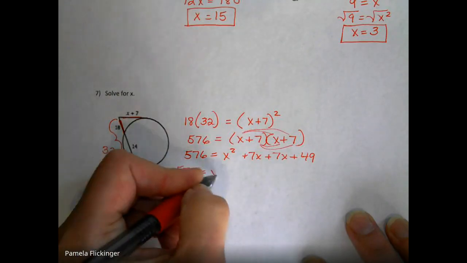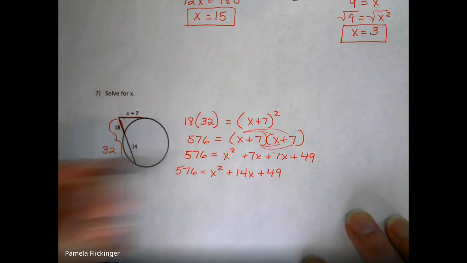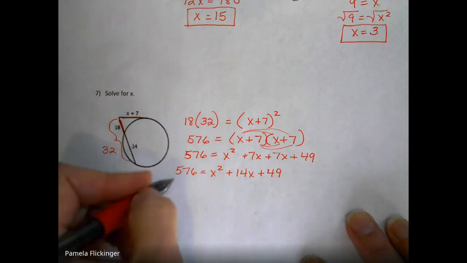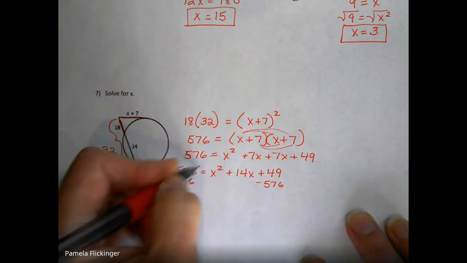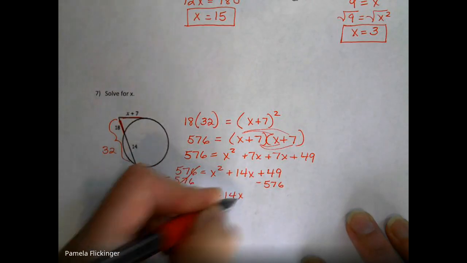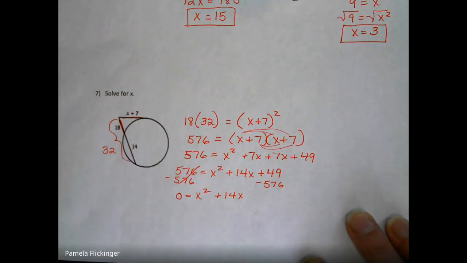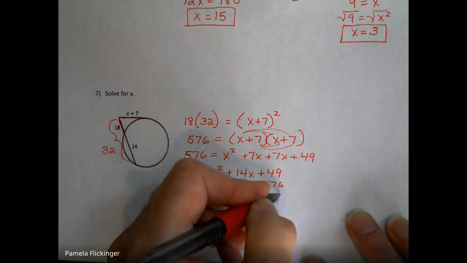So I would get x squared plus 14x plus 49. It's a quadratic, so we would set it equal to 0. And then your choice is to try to factor it or to use the quadratic formula. So 49 minus 576 is minus 527.